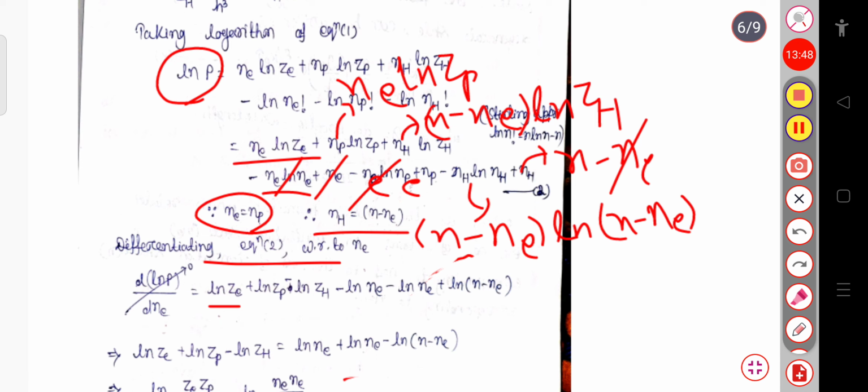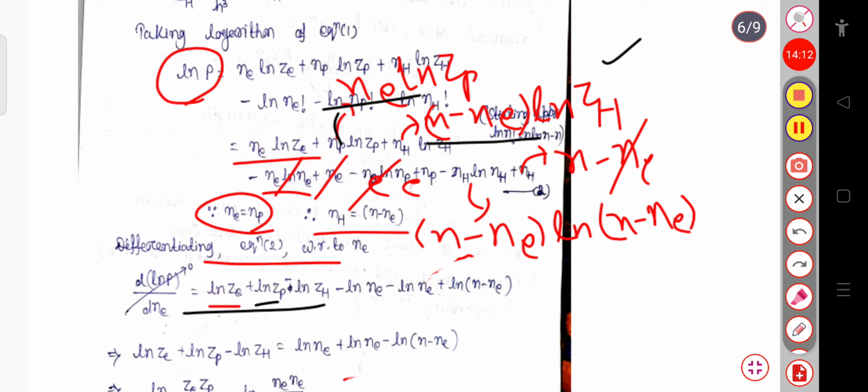Again, in the second term, that is Ne ln Zp, in place of Np we have substituted Ne. So ln Zp is constant and dNe by dNe equals 1, and this N minus Ne ln Zh gives minus ln Zh, and dNe by dNe is 1.